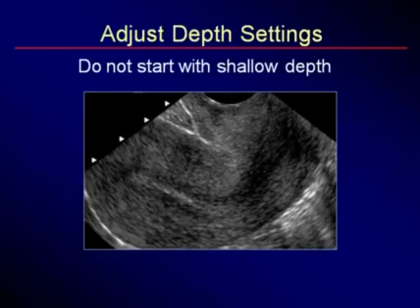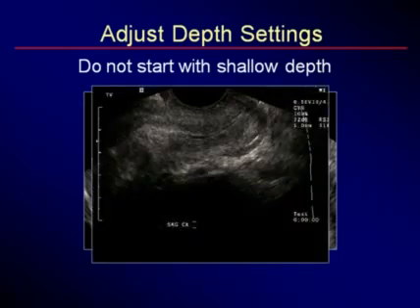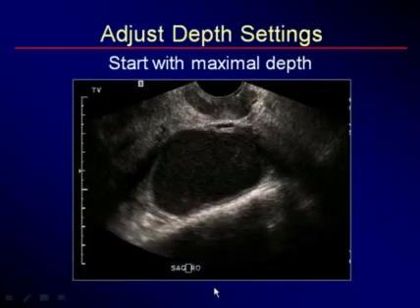So this would not be good. We want to step back, make sure we can clear 2 to 3 centimeters beyond the organ. Here we're focusing on the cervix. The cervix was made to fill most of the picture, and we're missing the fact that there is a very large mass behind the cervix.